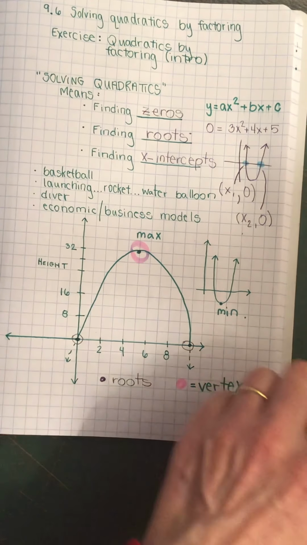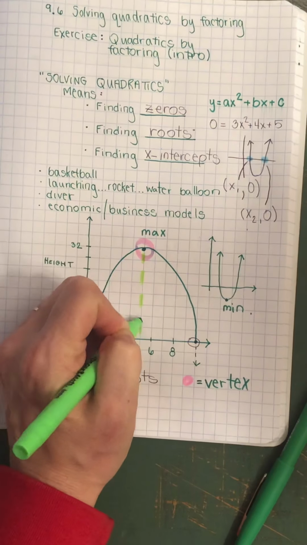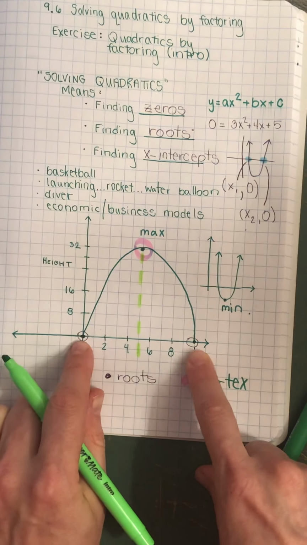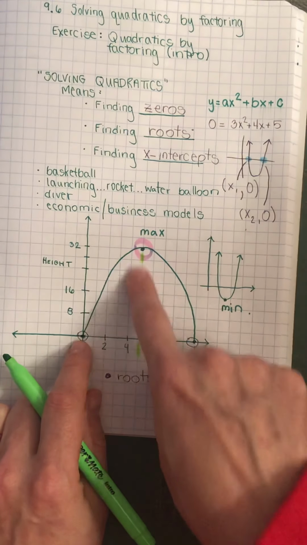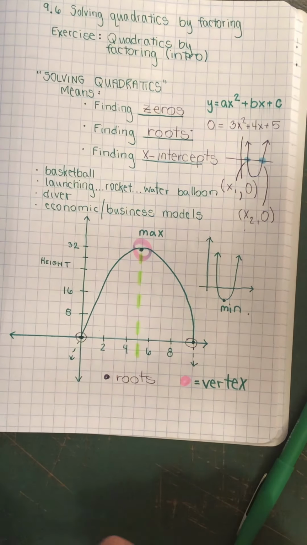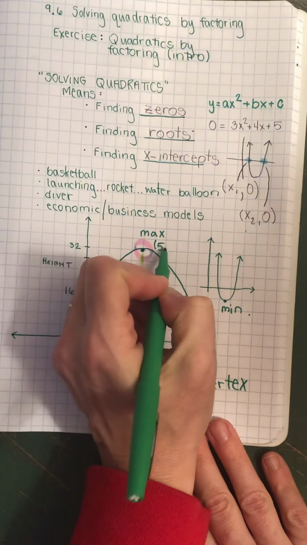And then we have a nice symmetry here. So a parabola is symmetrical, and it's through the vertex. So the vertex is always exactly halfway between. So I made these at 0 and 10. So then my axis of symmetry will be at x equals 5. So again, this is 5, comma 32.